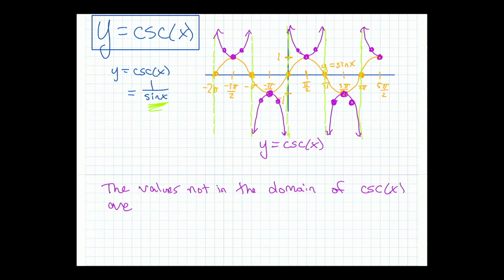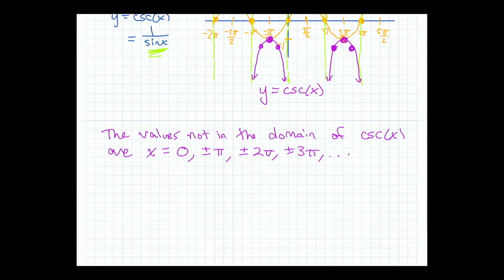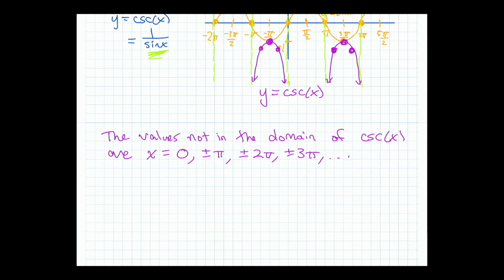So that's at 0, plus or minus pi, plus or minus 2 pi, plus or minus 3 pi, and so on. Those are the ones where they're not in the domain. Those are also the ones where the vertical asymptotes are, so we can say it that way as well.